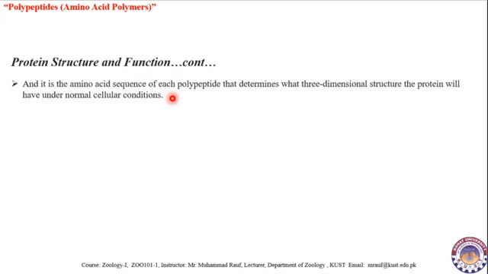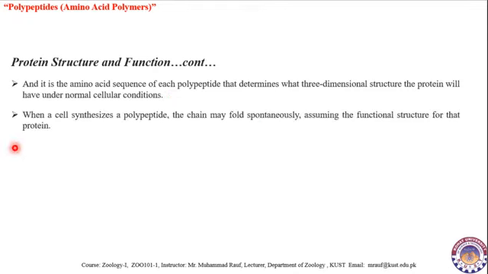So which type of interaction will be established, what will be the final form of a protein, it is determined by the side chains or the R groups of the amino acids which form a polypeptide chain. When a cell synthesizes a polypeptide, the chain may fold spontaneously, assuming the functional structure for that protein.